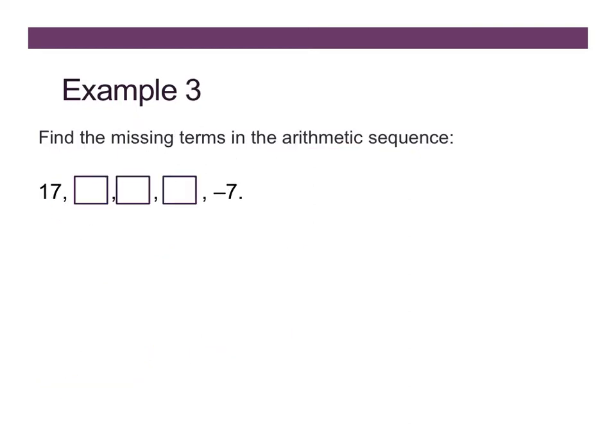Example 3. Find the missing terms in the arithmetic sequence. Well, we know the first term is 17. We're missing the second, the third, the fourth terms, and we know that the fifth term is -7. So we can use our formula to help us out. Remember the formula, a sub n equals a sub 1 plus n minus 1 times the common difference d.